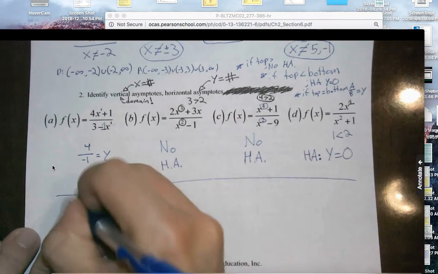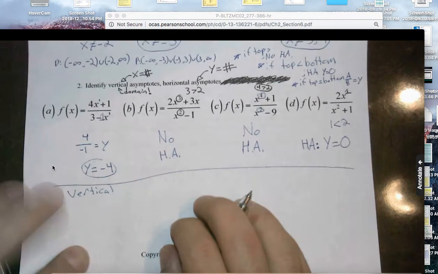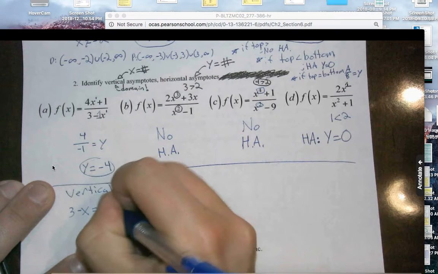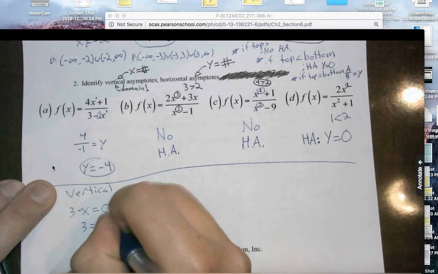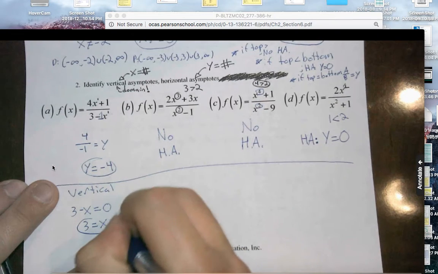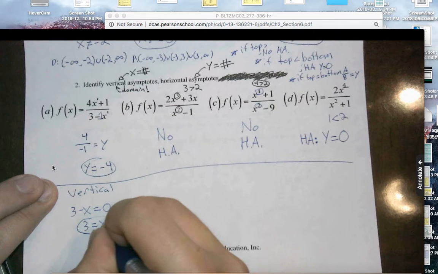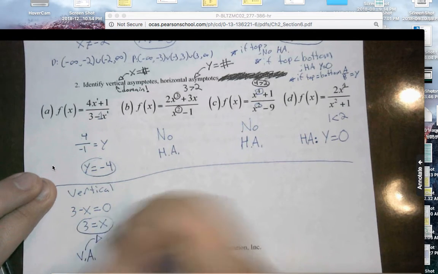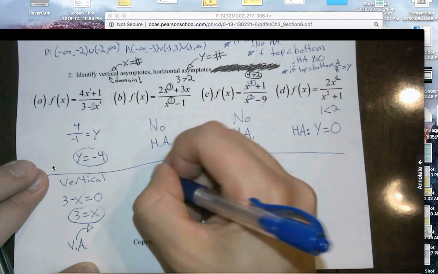So that was for horizontal asymptote. Now for vertical. If we solve this, 3 minus x equals 0, eventually 3 is going to be equal to x. That's our vertical asymptote. So we got that. We do the same thing for x squared minus 1.